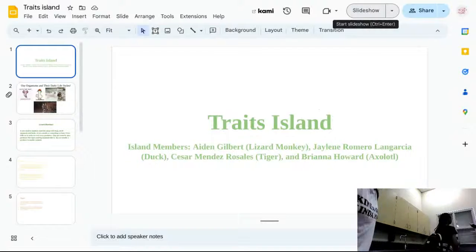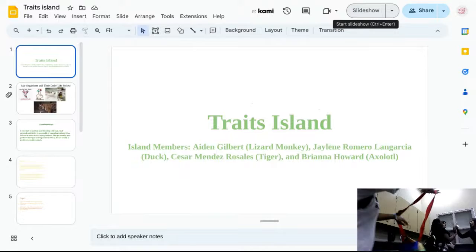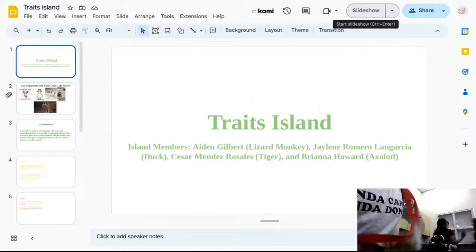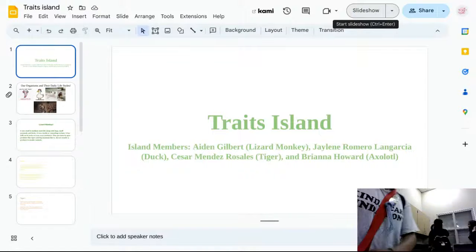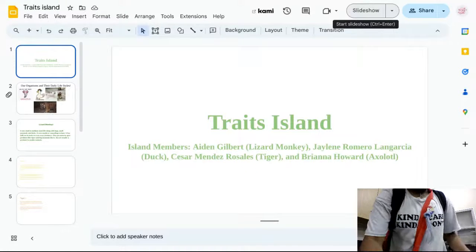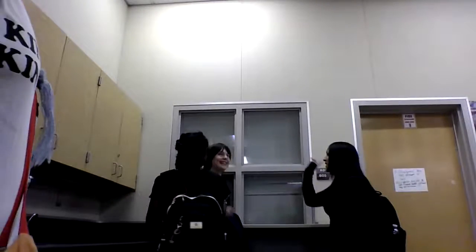Oh, my backpack feels so light. Kira, say hello. Kitty cat.